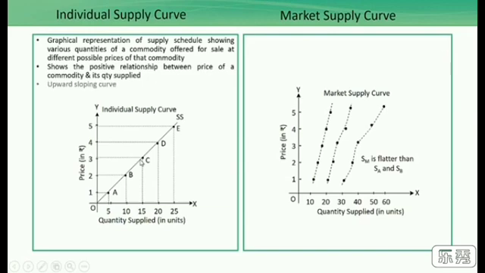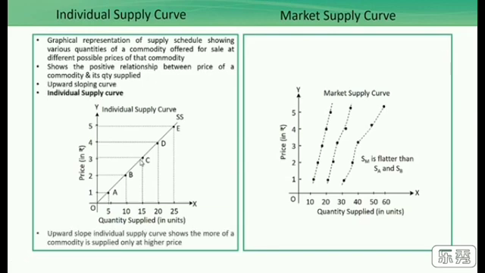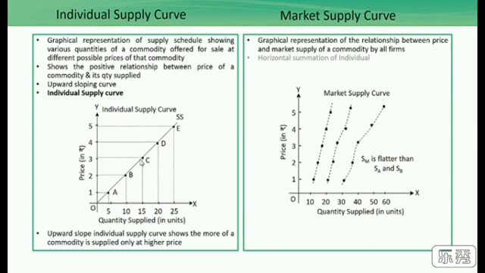Now let's understand the market supply curve. The market supply curve is a graphical representation between the price and the market supply of commodities by all the firms. Remember, these are also upward sloping curves. The market supply curve is a horizontal summation of all individual supply curves.